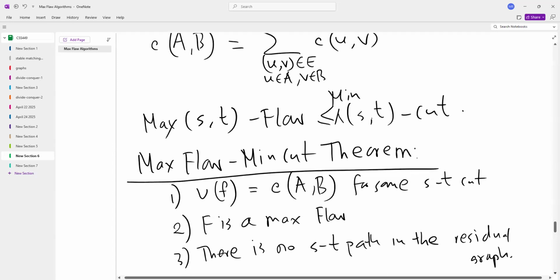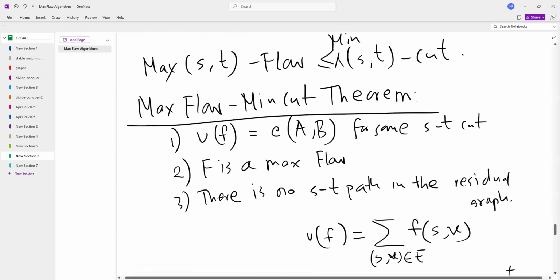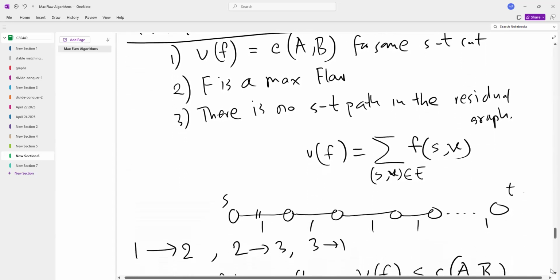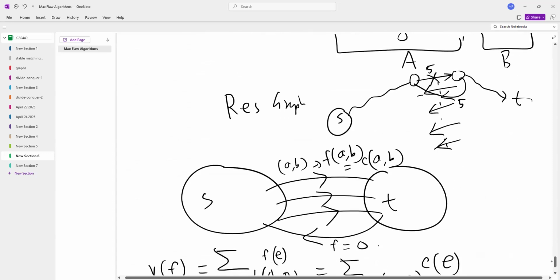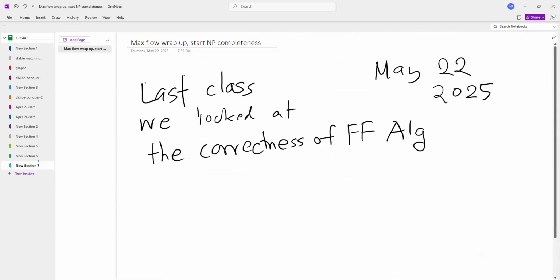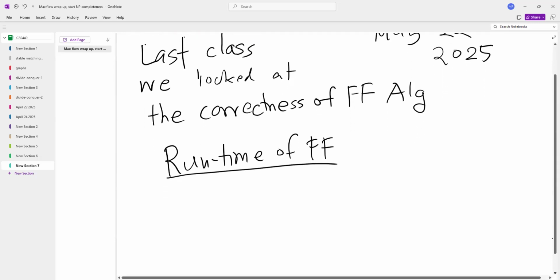But what we didn't talk about is the runtime of Ford-Fulkerson. So let's briefly look at that. What is the runtime of Ford-Fulkerson? Let's think about that.